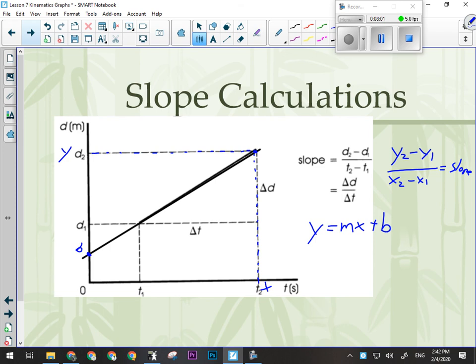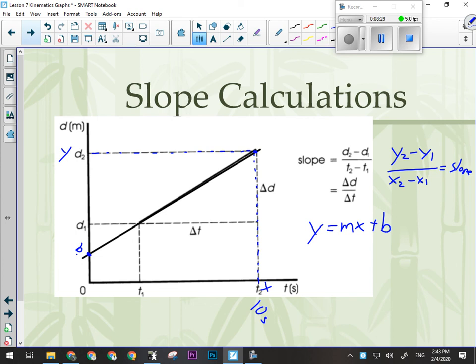So the advantage of y = mx + b is not only can it calculate slope, but it can also extrapolate for values of y and x that may not be on the graph. As an example, if my graph only went up to 10 seconds, and I knew what the slope of the line was and what b was, I'd be able to calculate where the object would be at 100 seconds.